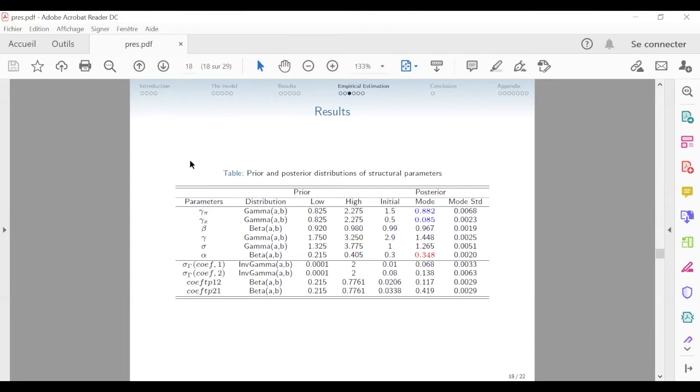And at last, alpha, as I told you before, represents the degree of openness of the economy. If you go back to the micro foundation of the model, this alpha represents the share of consumption allocated to imported goods.